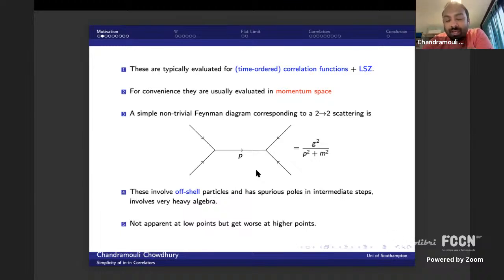And this process of adding every term often involves very heavy algebra. This is not so apparent when you're computing low-point functions, like a 4-point function. But if you're trying to compute higher and higher point functions, then it gets worse.